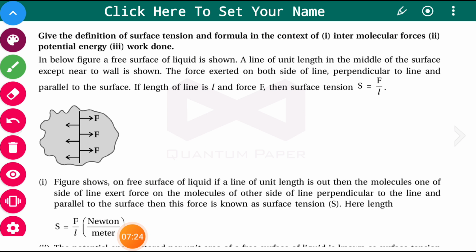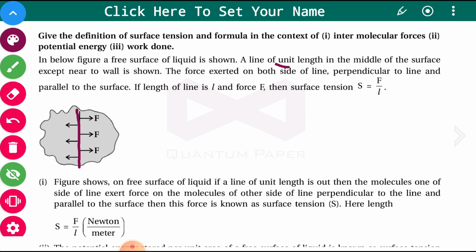Now we define the surface tension. This is the figure which is given to us. This is a liquid surface, shown here in this figure. In the figure, a free surface of the liquid is shown. Then there is a line drawn here, of unit length.